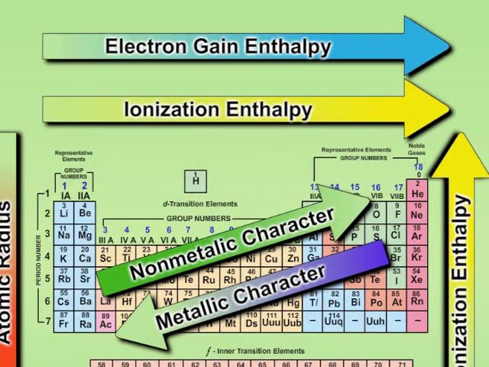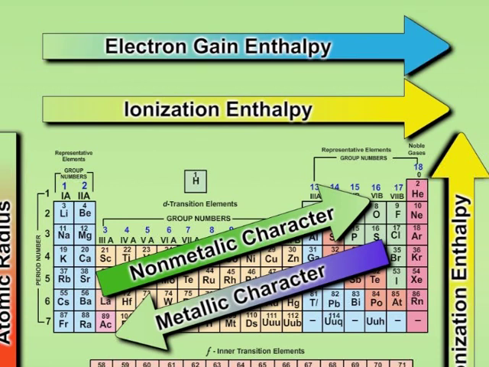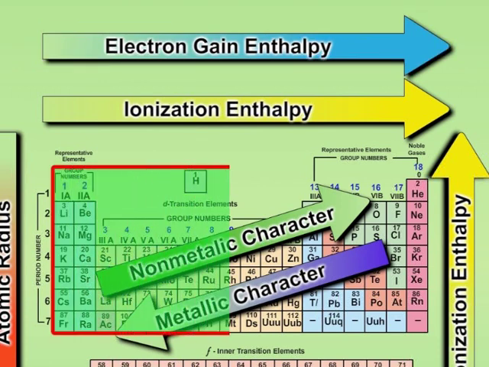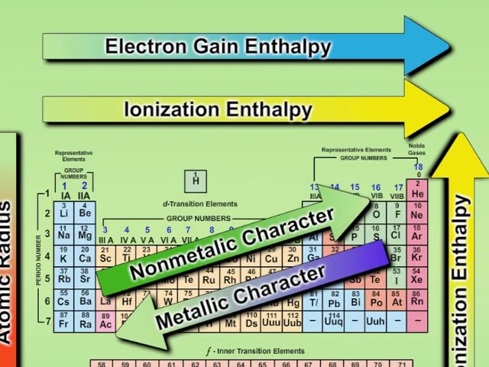Electron gain enthalpy becomes more negative with increase in the atomic number across a period. The effective nuclear charge increases from left to right across a period, and consequently it will be easier to add an electron to a smaller atom, since the added electron on an average would be closer to the positively charged nucleus.